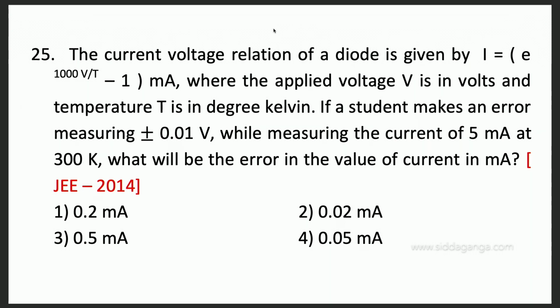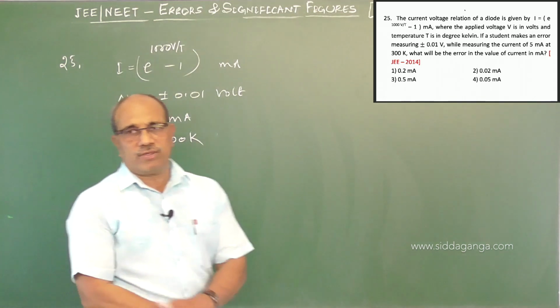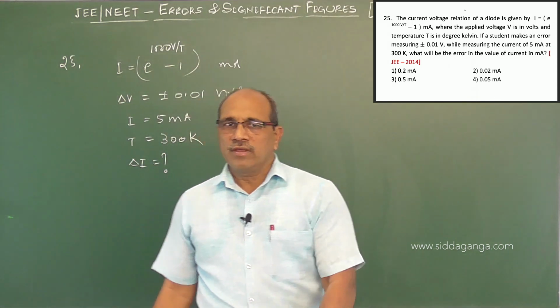If a student makes an error of measuring delta V as plus or minus 0.01 volt, while measuring the current of 5 milliamps at a temperature of 300 Kelvin, what will be the error in the value of current in milliamps? That means the question is on the absolute error in measuring the current. It appeared in JEE 2014.